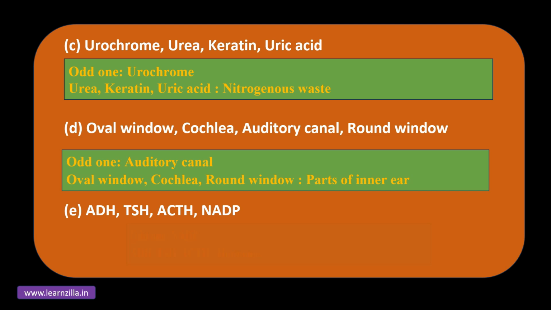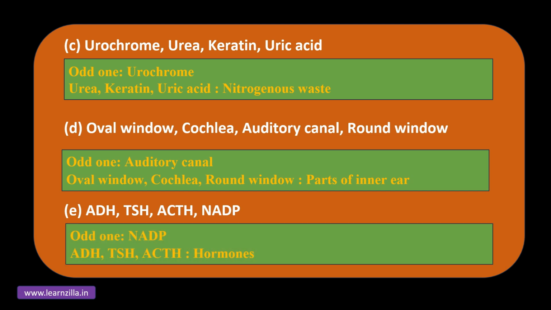Next question. ADH, TSH, ACTH, NADP. It is very important for you to learn the abbreviations. If you have any doubts in this, please check our list of important abbreviations for class 10, we have covered it. Please do watch the video. The link will be shared in the description. So which is the odd one out?